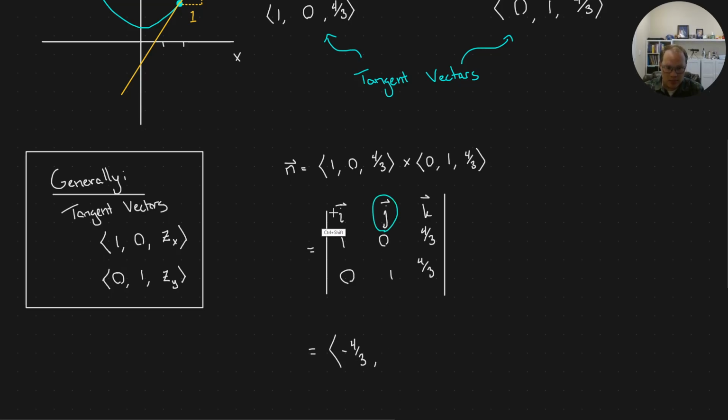For my second component, 4/3 minus 0, but then because it's the j, I add a negative in front of it. So I'll get negative 4/3 again. And for the k component, 1 minus 0. So there is a vector normal to the tangent plane.